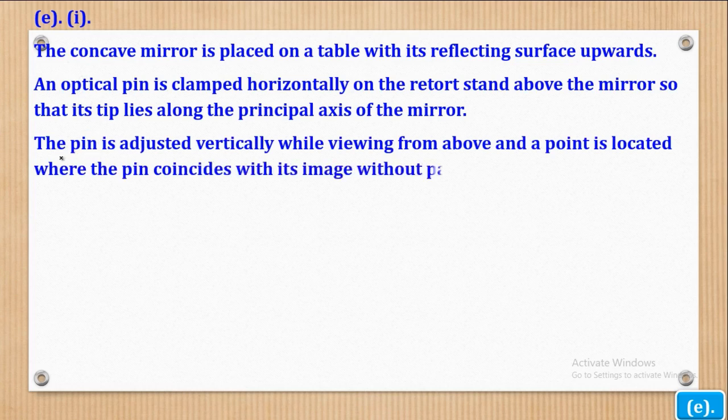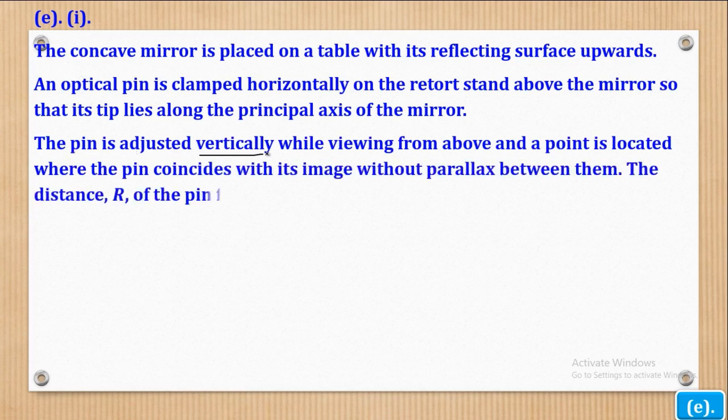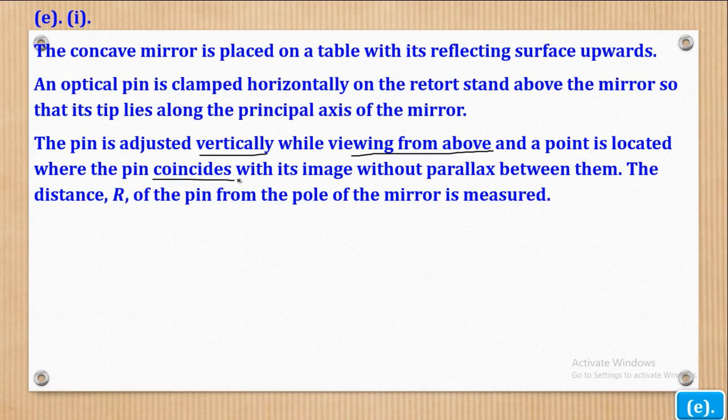Then we say that the pin is adjusted vertically while viewing from above, and a point is located where the pin coincides with its image without parallax between them. After that, the distance r of the pin from the pole of the mirror is measured.